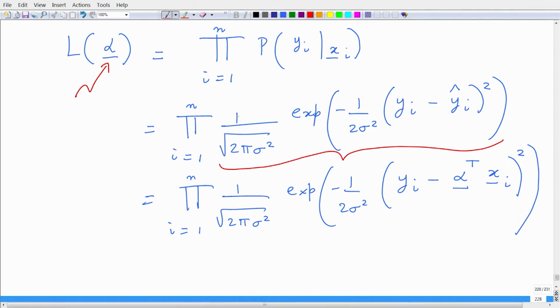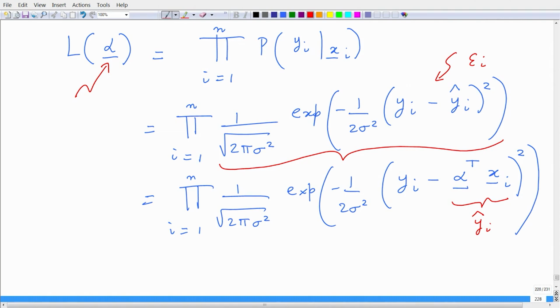So, I have 1 over root of 2 pi sigma square, and yi minus yi hat is my noise. Now, I can use the vector formulation for my estimate of yi, and I plug that in. This gives me alpha transpose xi, and you have to note that all of these are essentially scalar quantities.